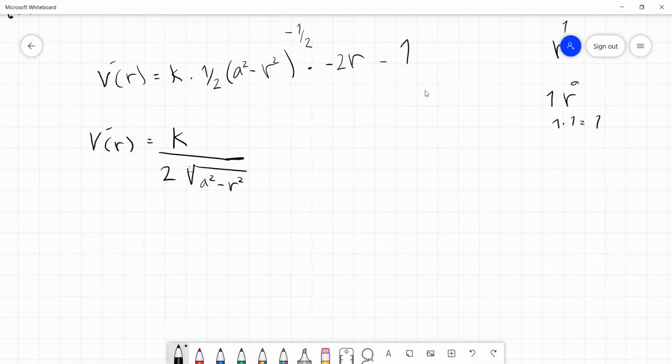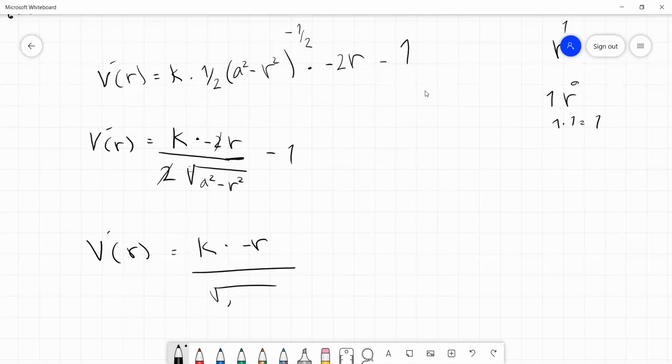Then times negative 2r, so we can just put negative 2r over here, and minus 1. And then notice we could cancel this 2 with this 2, and rewrite an even more simplified version, times negative r over square root of a squared minus r squared, minus 1.